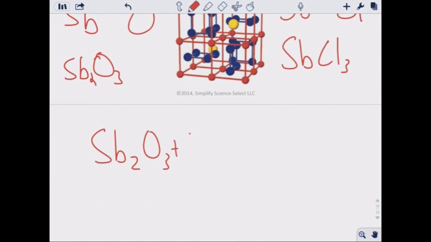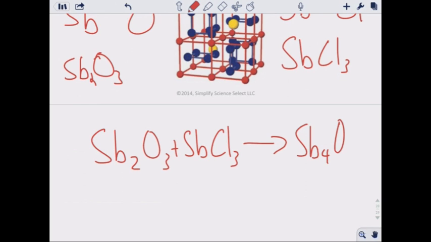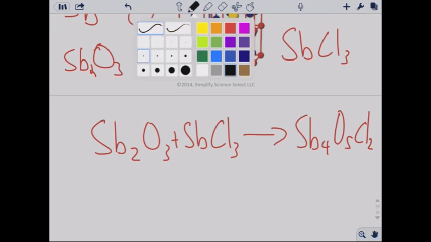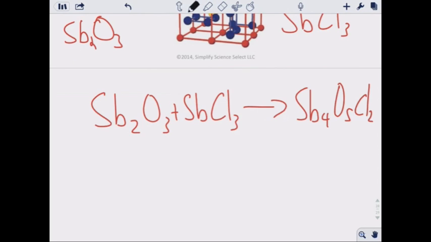Sb2O3 plus SbCl3 produces our Sb4O5Cl2. So when we're looking at this, we write everything that we're dealing with: Sb, O and Cl.